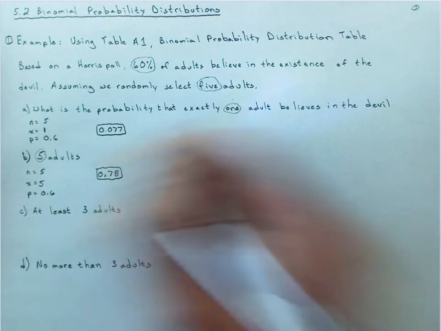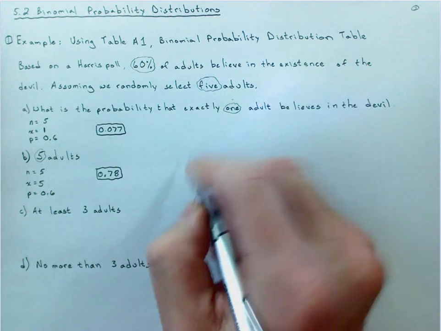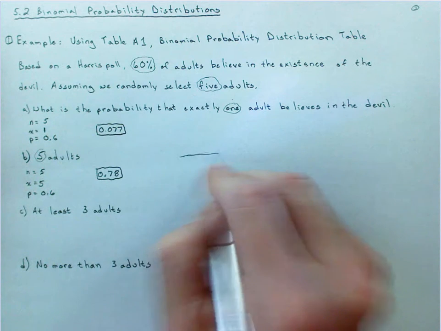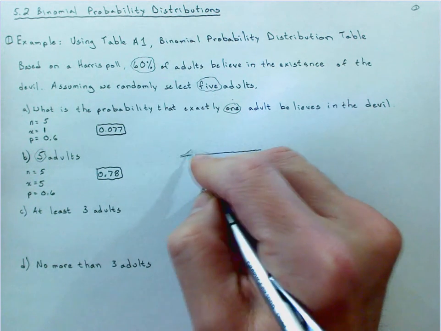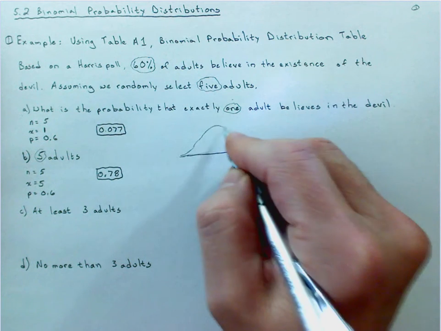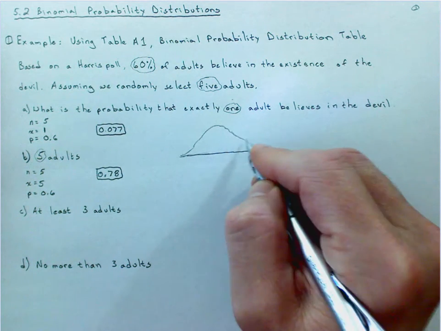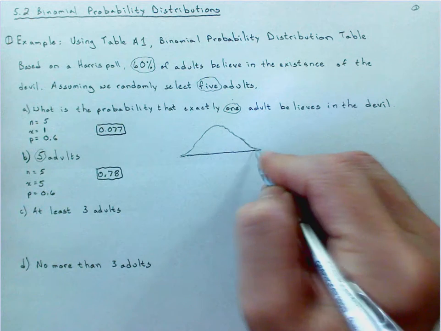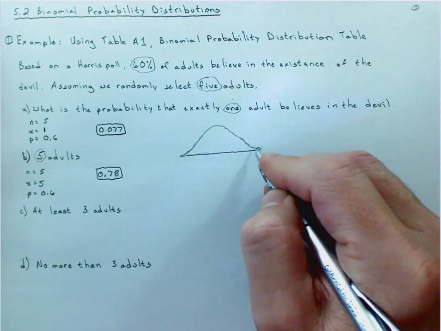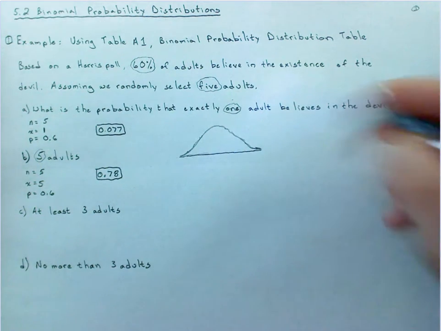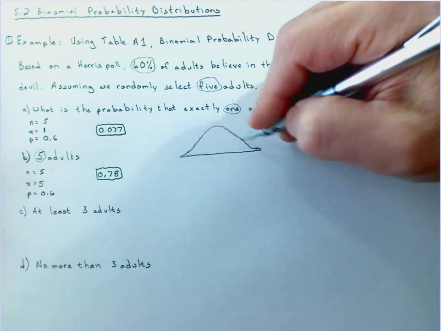Now, what I'm going to point out, you notice these two are about the same. With distributions, you probably remember, distributions would go something like this. This is a crude representation, just an overview.